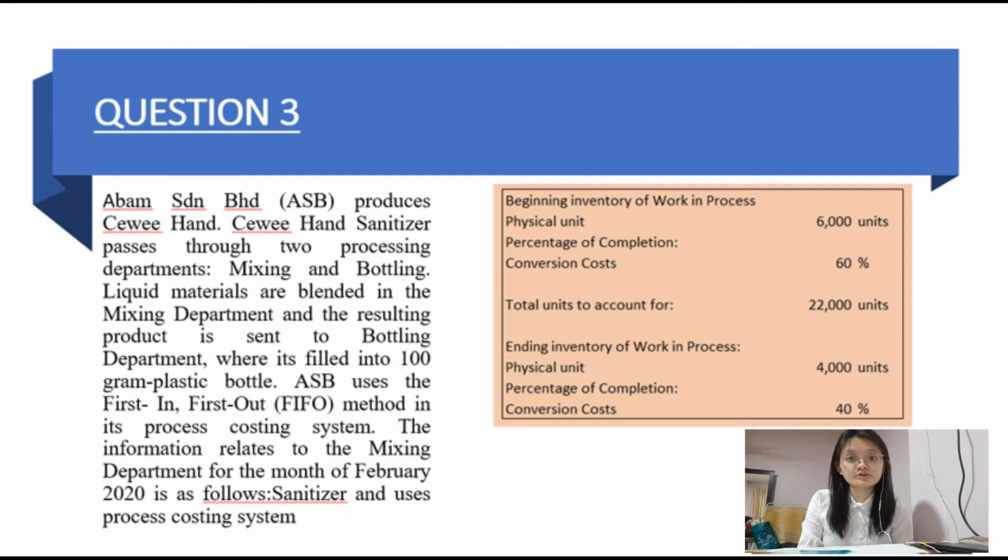The physical unit was 6,000 units, and the percentage of completion of the conversion costs is 60%, and the total unit to account for is 22,000 units. And the ending inventory of work in process for the physical units is 4,000 units, and the percentage of the completion of conversion costs is 40%.